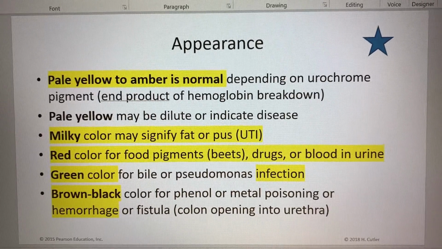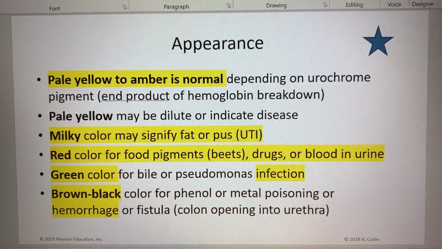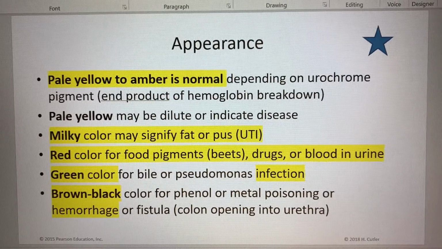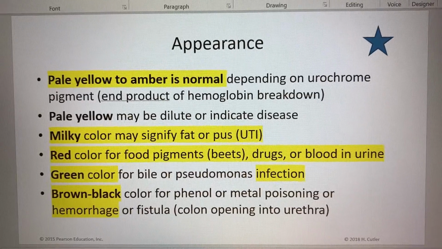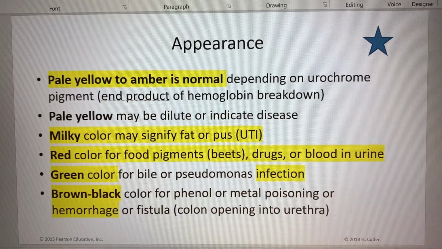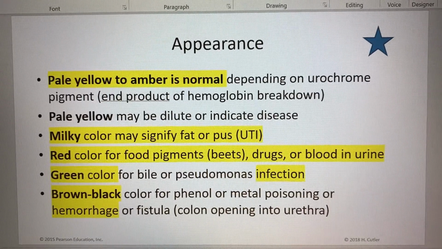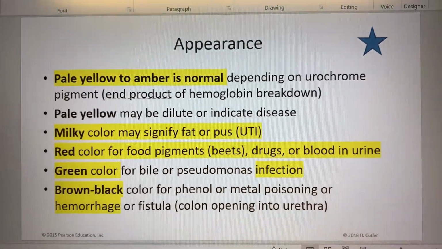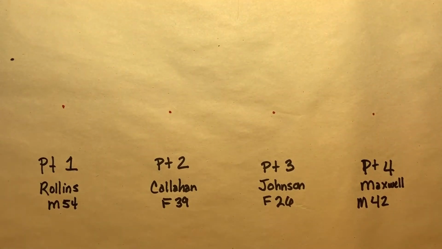And then a brown-black color we often associate with the presence of blood, which is a hemorrhage, and or phenol, metal poisoning, or even a fistula, which is the presence of feces in the blood, because the colon has a pathological opening into the urethra, so feces have entered the urinary tract, and so you'll see that is a brown-black color. So let's look at each of those possibilities with our samples.